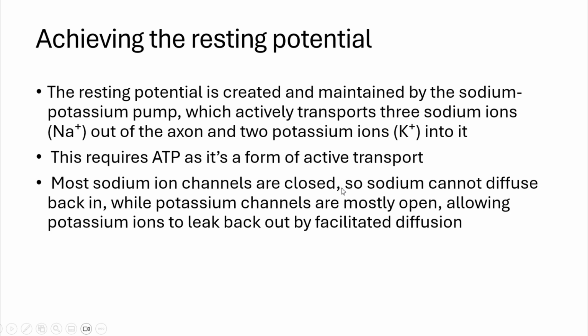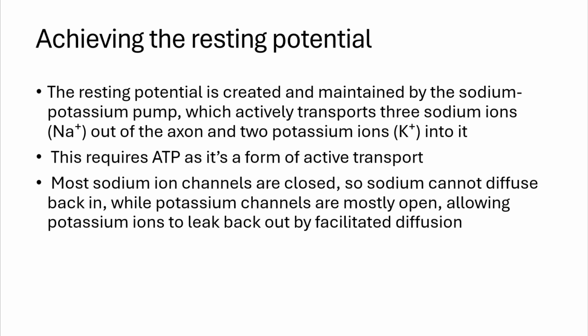Most sodium ion channels are closed, so sodium cannot diffuse back in, while potassium channels are mainly open, allowing potassium ions to leak back out. So not only are 3 sodium ions moved out, those 3 can't even move back in, yeah? Whereas the potassium that's moved in can still leak out. So imagine how much charge is leaking out and how much charge is being retained. Not that much charge is being retained inside the axon, yeah?